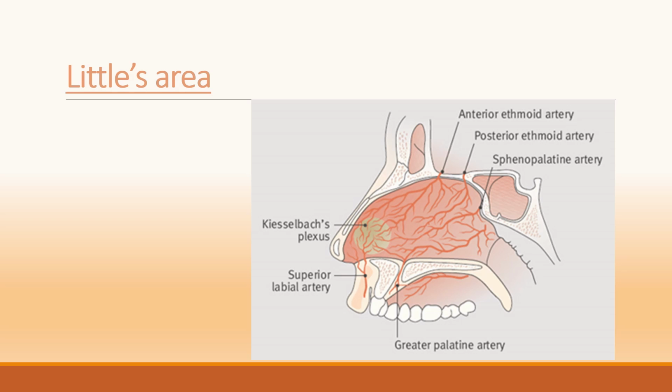All these blood vessels are collected in an area called Kiesselbach's plexus. This is the most common site for bleeding or epistaxis due to the multiple blood supply.